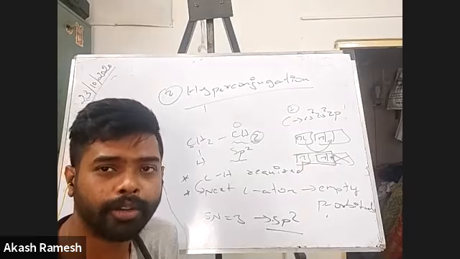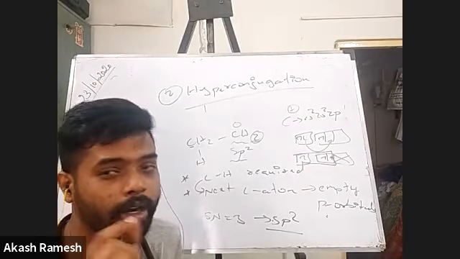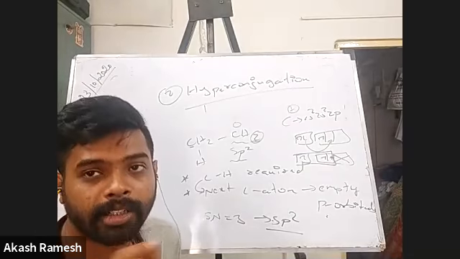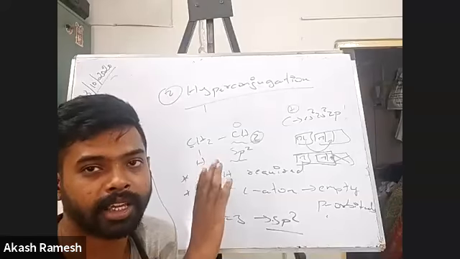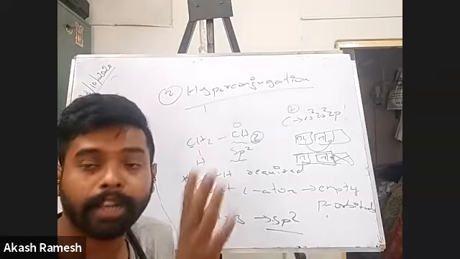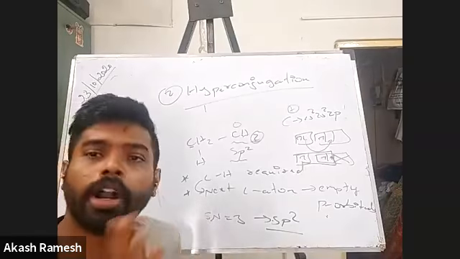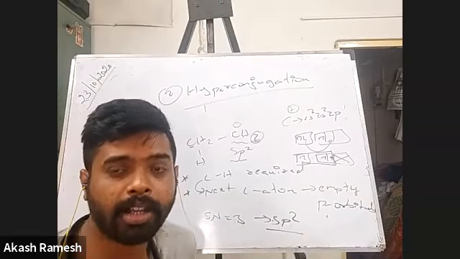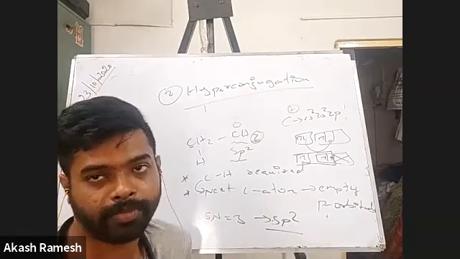So what you have to do is, if you find a radical, a single unpaired electron, you should not consider it as a lone pair. That's what I'm telling. So any free radical for that matter will be sp2 hybridized, and all carbocations will be sp2 hybridized, and all carbanions will be sp3 hybridized.